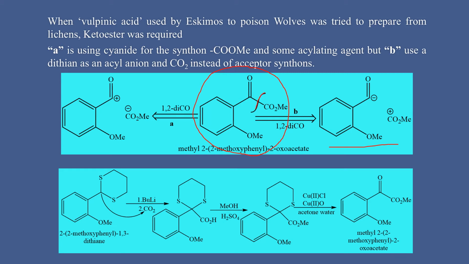By disconnecting from this carbon-carbon 1,2 relationship, we obtain, in fact, here an acyl anion, and in the other case this one is the acyl anion. In A, we use the cyanide ion for this synthon, that is COOMe, and here it is some acylating agent.